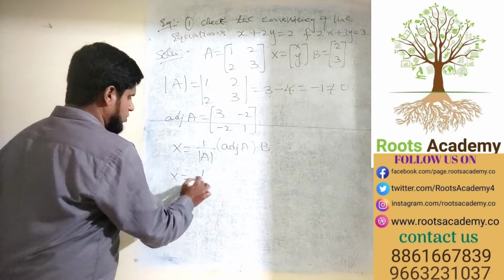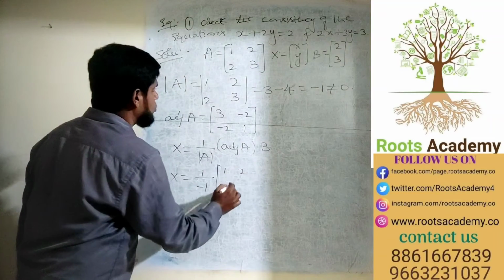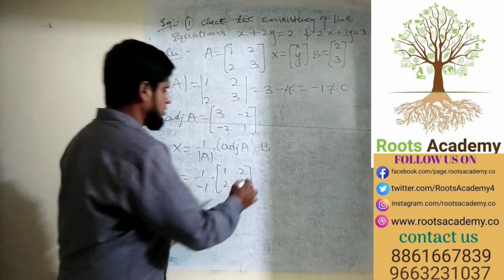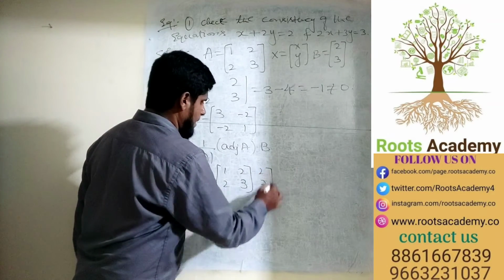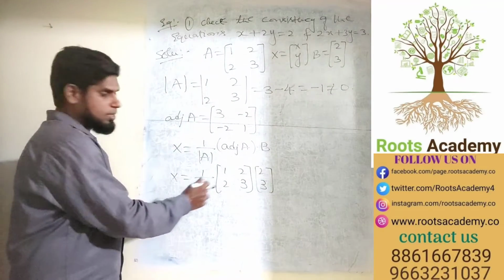So x is equals to 1 divided by minus 1, adjoint is 1, 2, 2, 3, then B is 2, 3. So 1 divided by minus 1 is minus 1.